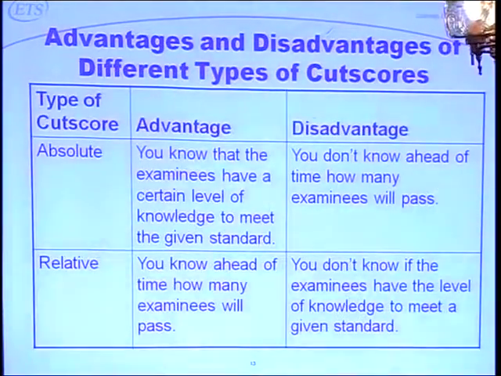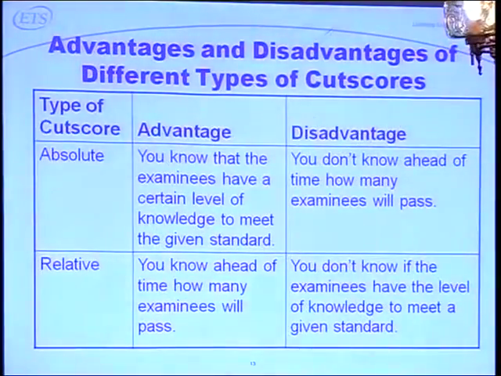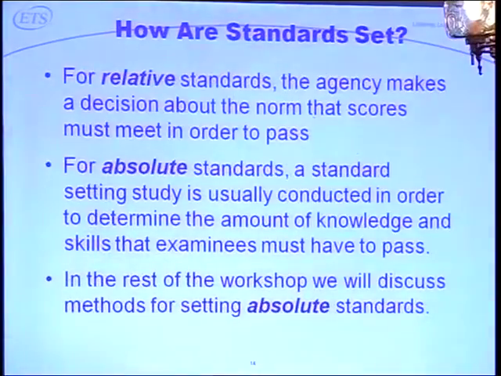So we decide on our cut score based on how many people will pass. If we have a less able group, it will be a lower score, and if we have a more able group, it will be a higher score.